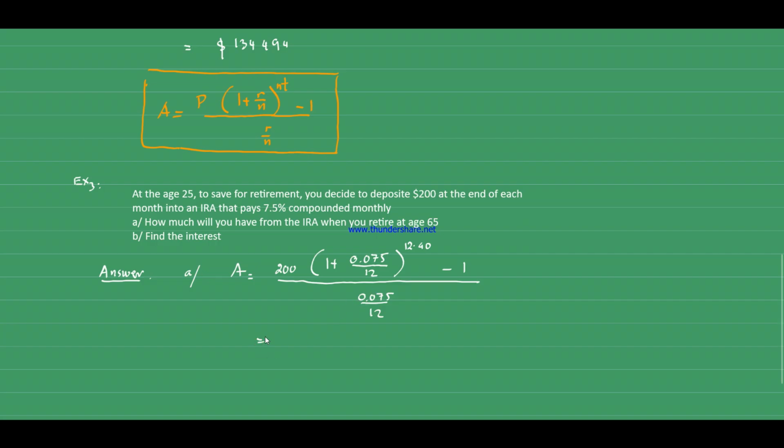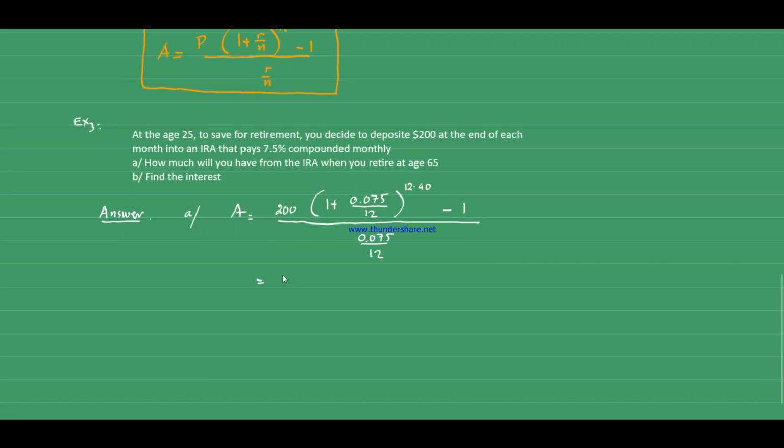Now again, over here you have to use a calculator. If you don't have a calculator, that's a big issue. So I'm going to do inside the parentheses 0.075 divided by 12 plus 1.